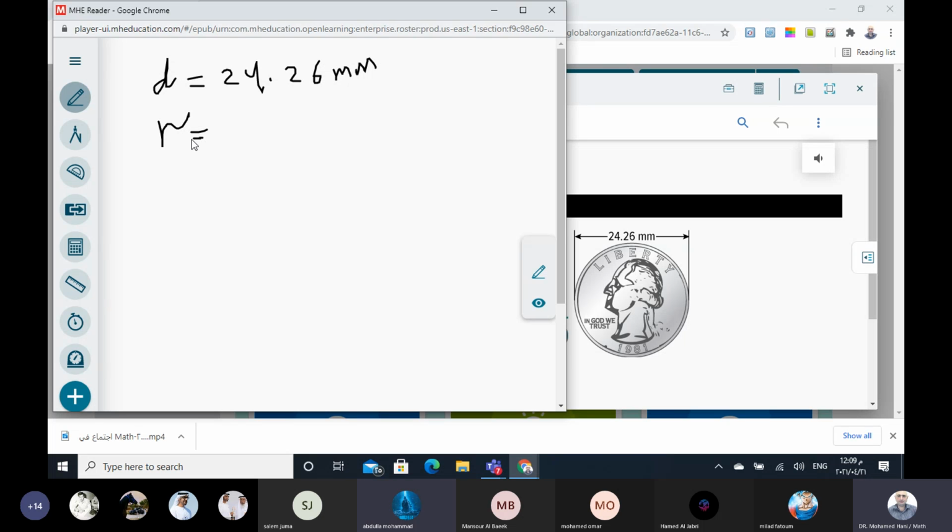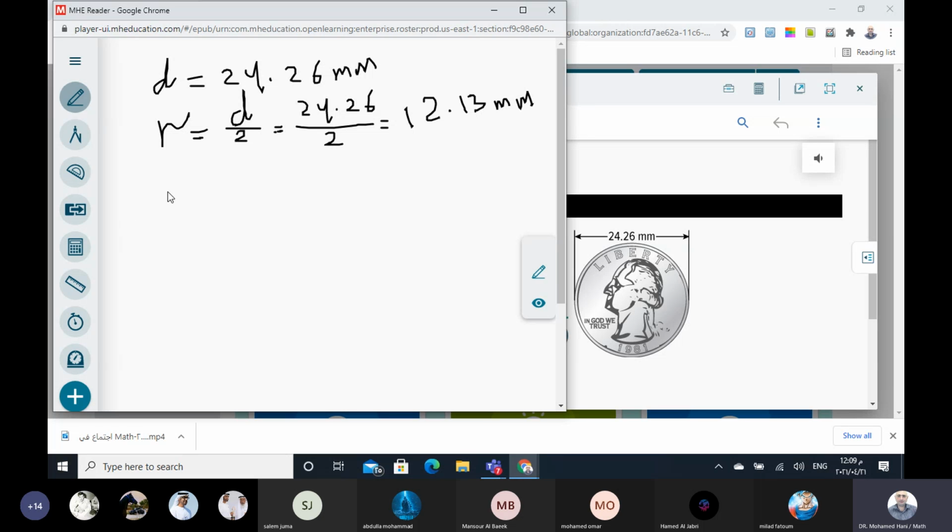The radius equals half of the diameter, D divided by 2, which means 24.26 divided by 2, which means 12.13 millimeters. So the radius equals 12.13 millimeters.